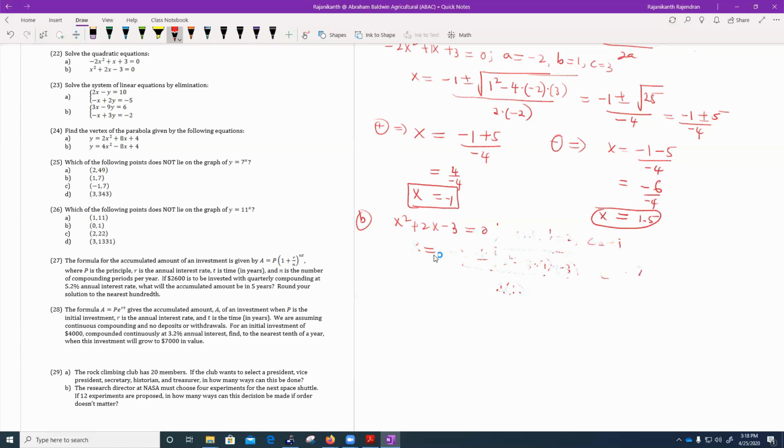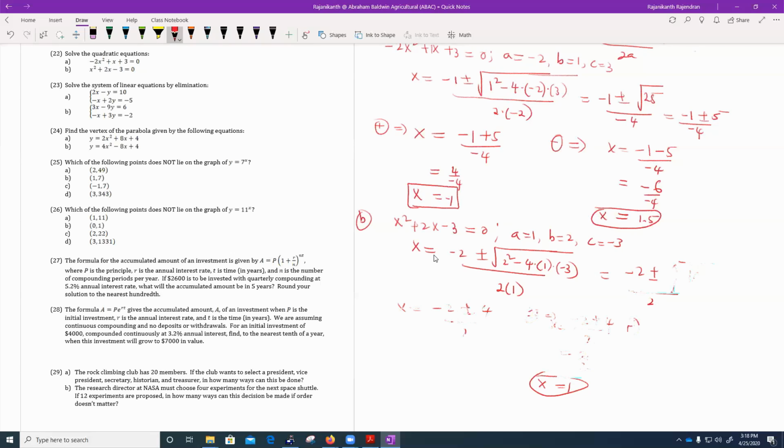Simplify this and it will give you 2 squared is 4, so you will get 16 inside, okay? That is 2. Therefore x equals negative 2 plus or minus square root of 16, which is 4, over 2. Then if you take the positive, x is equal to negative 2 plus 4 over 2, which is 2 over 2, that is 1.